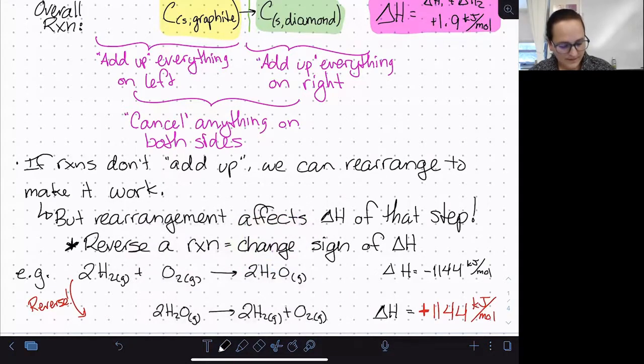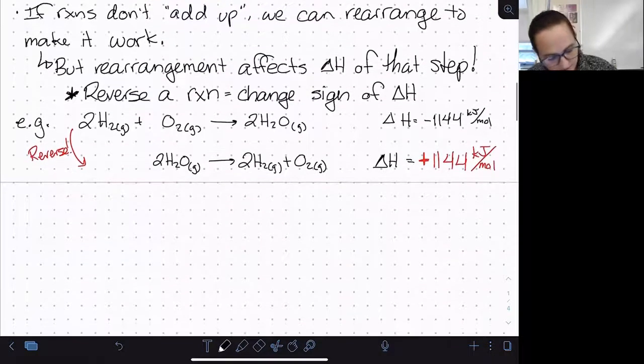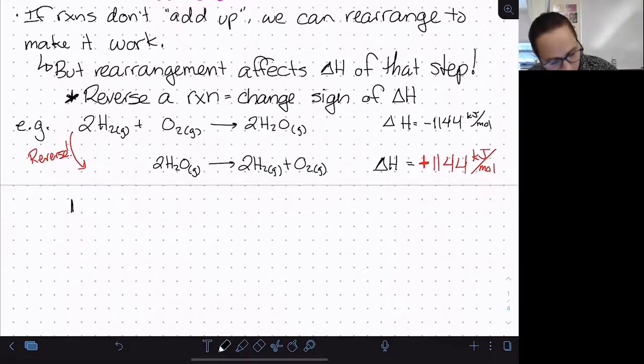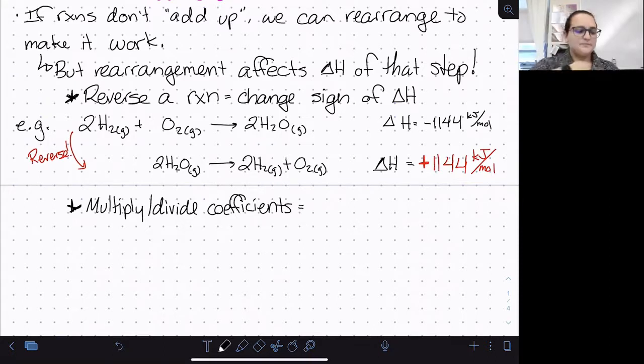The other way that we can rearrange our reactions is to adjust the coefficients. So we can multiply or divide our coefficients by some factor. And we do have to adjust our delta H as well.